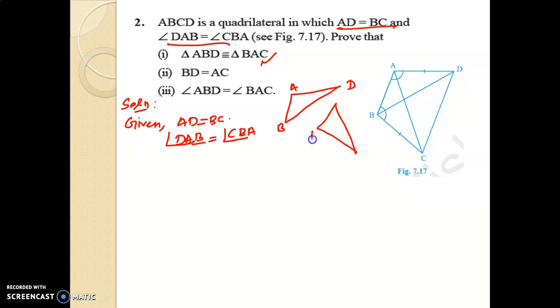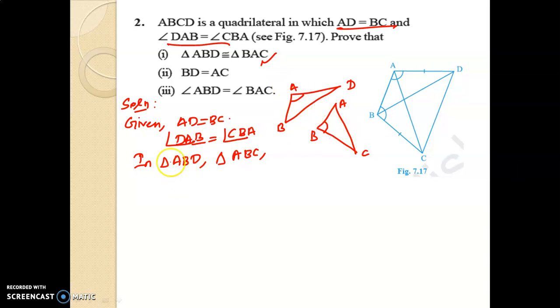Out of these two triangles, in triangle ABD and in triangle ABC, angle BAD equal to angle CBA. Already they are given.